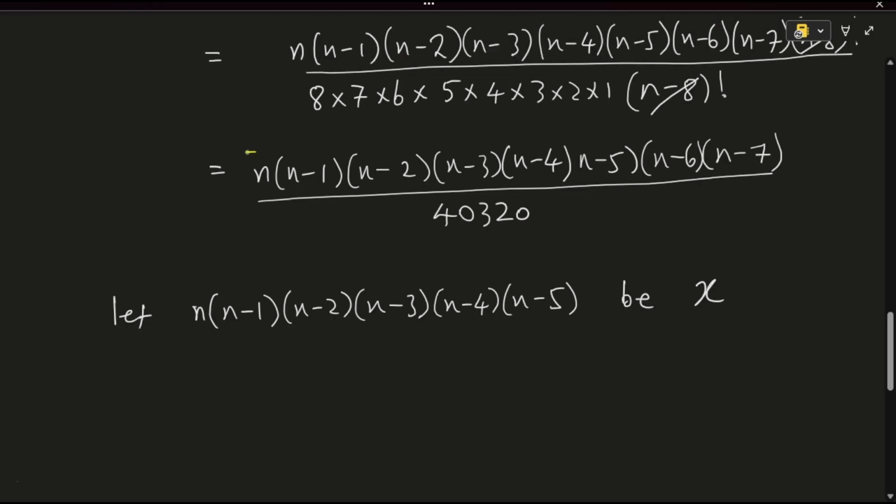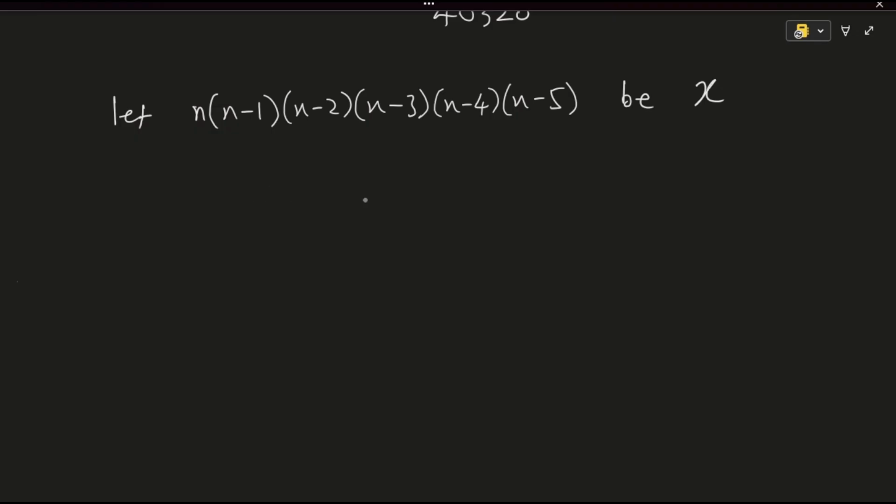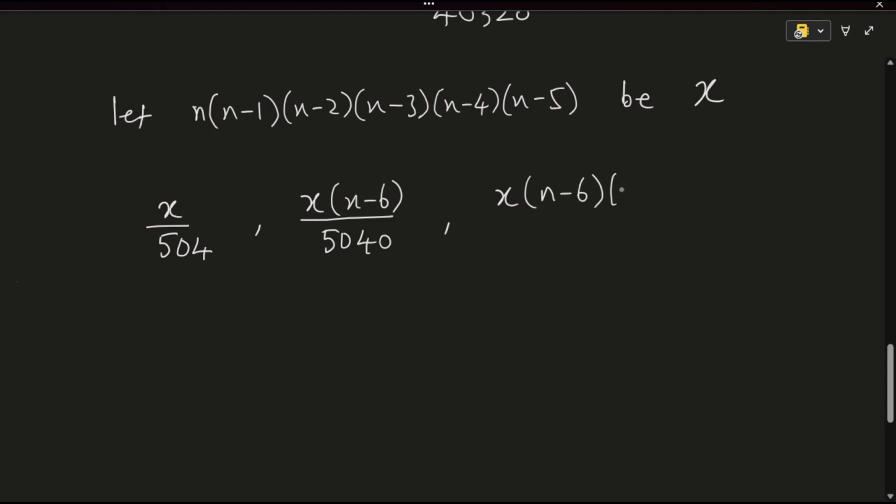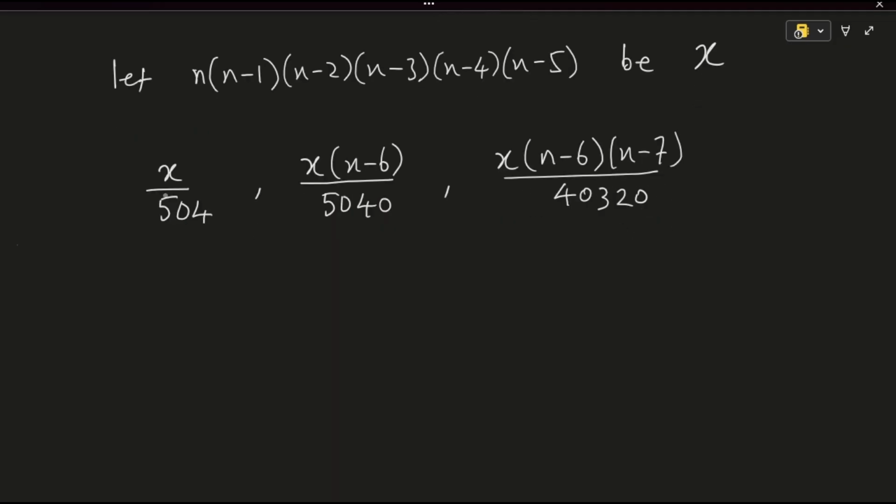And for our third term, this whole expression by x. So then it would mean that our first three terms will be represented as x over 504, our second term, x, and our third term. So now we've managed to simplify our first three terms into this form.